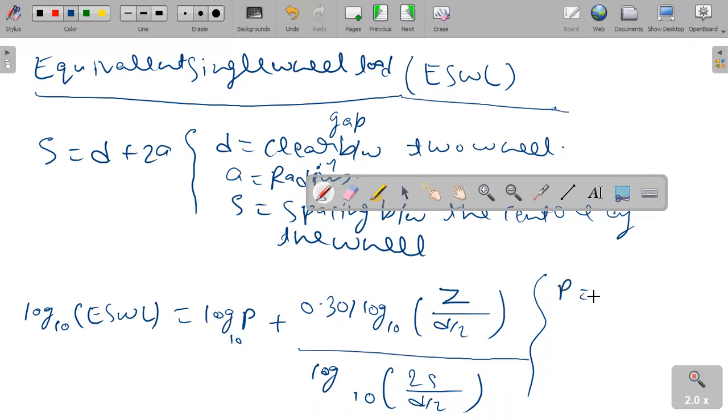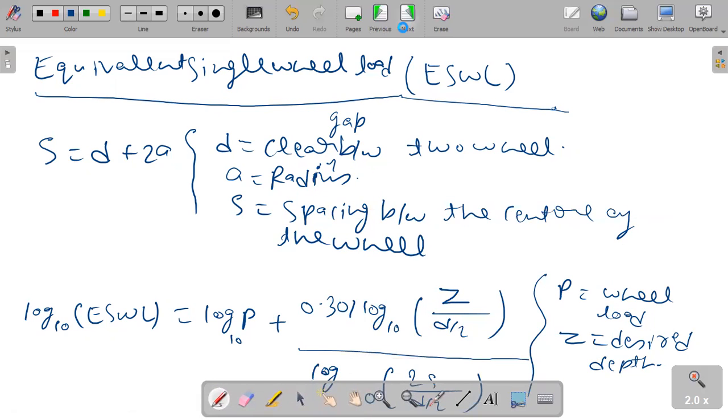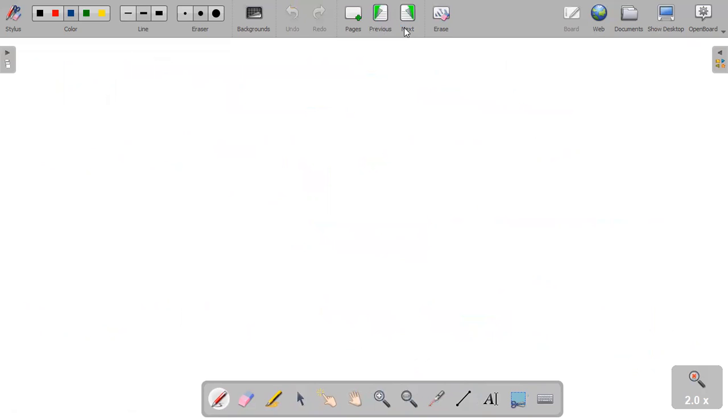Here P is wheel load, and z is desired depth. So do remember this formula. We'll understand this concept from graph.